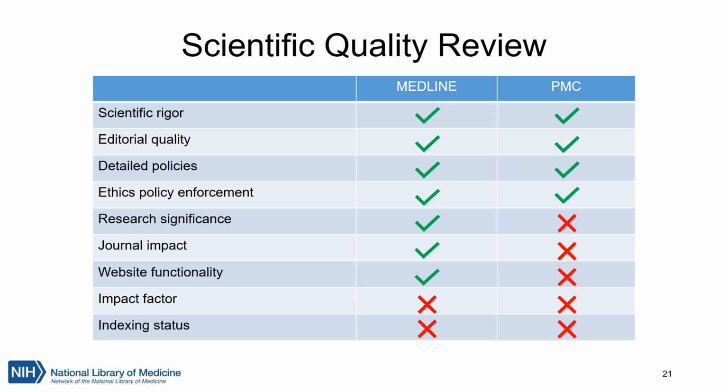Medline goes beyond scientific rigor to also consider things like significance and novelty of the research, its website functionality, and journal impact, which is based on internal criteria and not an impact factor. In fact, NLM does not consider metrics from other organizations, such as impact factor, citation metrics, or status in other indexes when evaluating a journal.